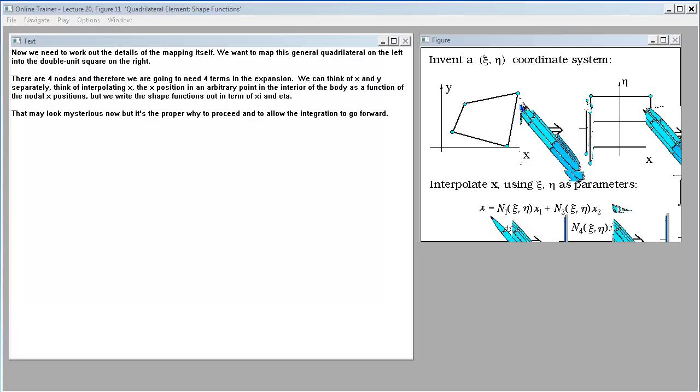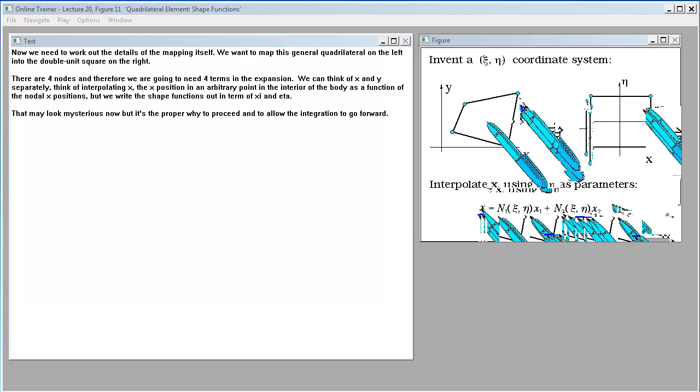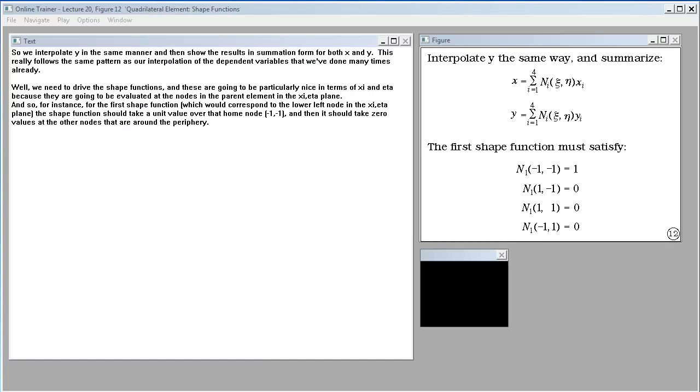Think of interpolating x, the x position at an arbitrary point in the interior of the body, as a function of the nodal x positions, but we write the shape functions out in terms of xi and eta. That may look mysterious now, but it's the proper way to proceed and to allow the integration to go forward. So we interpolate y in the same manner and then show the results in summation form for both x and y.